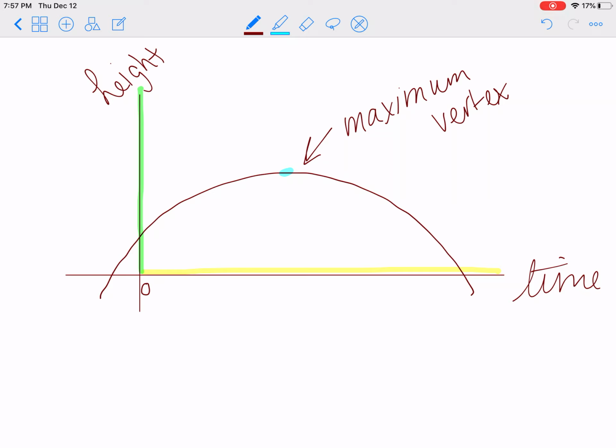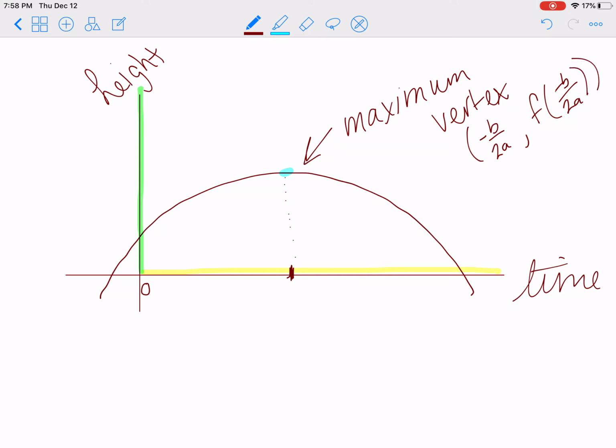So the vertex is an ordered pair, right? It's telling us how far over, so it can tell us the time when we reach the maximum height. But then we'll also find out how high that maximum height is. Just a reminder that to find the vertex, we can use opposite of b over 2a, and then to get the second number in the vertex, we plug that first number into the equation.